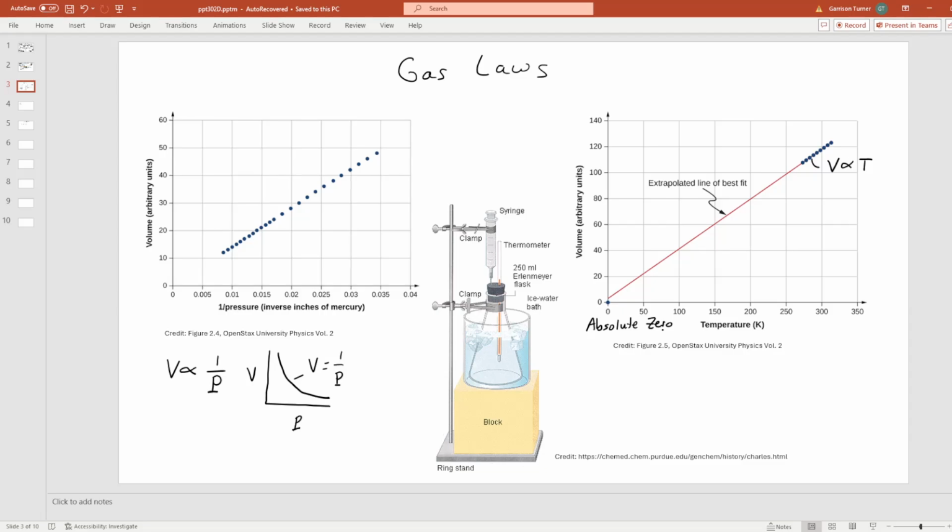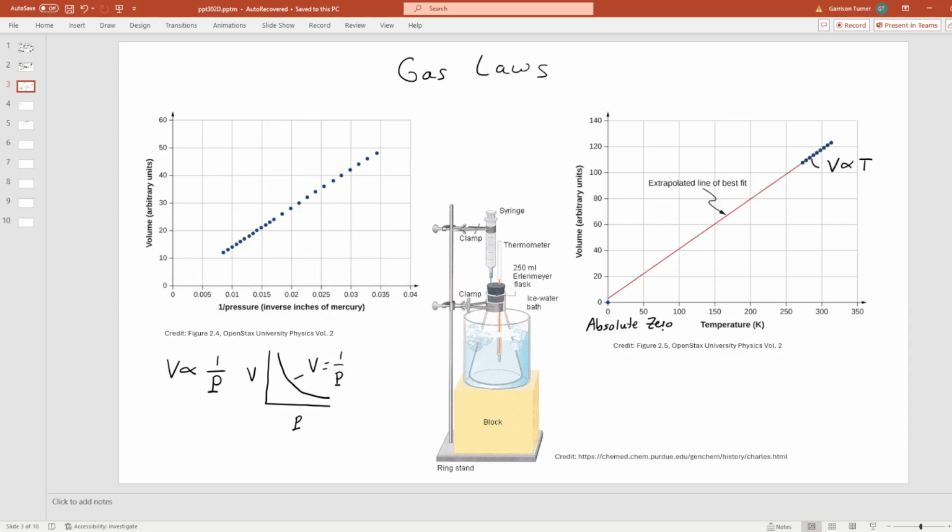So the way that we interpret absolute zero now is not so much that the volume of your gas goes to zero at that temperature, but that it is the temperature at which atoms and molecules don't have any thermal agitation. Okay, so there's no thermal energy being imparted to them. All right, and so that is how we interpret absolute zero now.